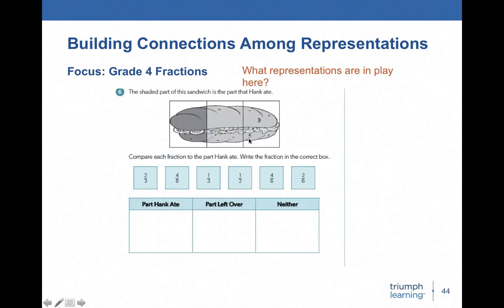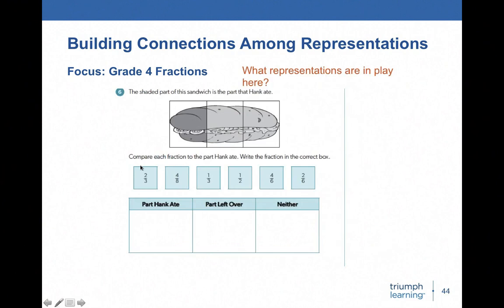Okay, here we're asking for a whole lot. Students need to interpret, first of all, the visual part that Hank ate. They need to understand the symbolic fraction, and they also need to understand equivalent forms, because each of the fractions that shows up here is not necessarily the simple fraction that's represented up above.